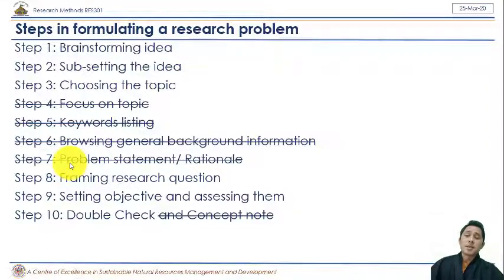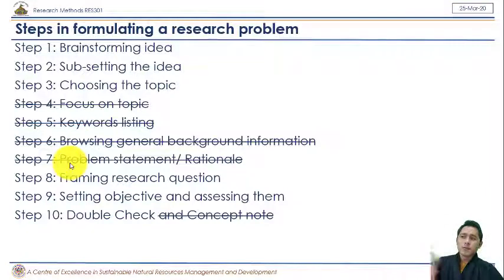So these are the things that you need to do before formulating any research problem. You need to read something else in order to have an idea to do the research problem formulation.